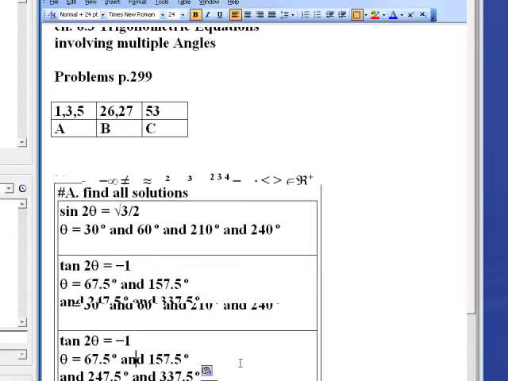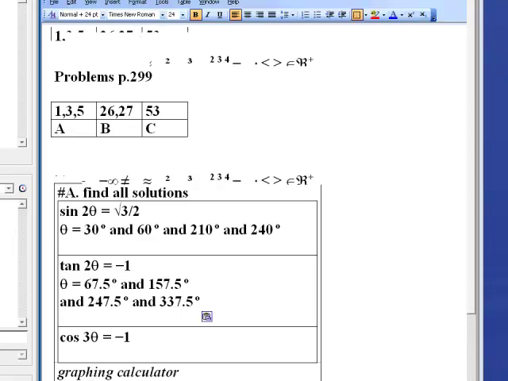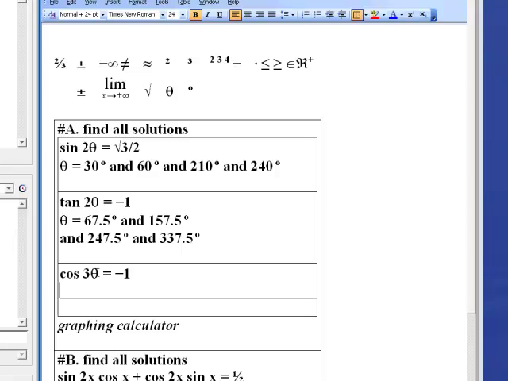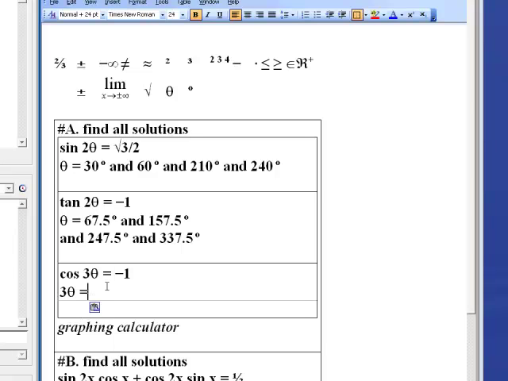Let's go to the third example here, third problem. So cosine 3 theta equals -1. Well, only one of them will work, which is 180 degrees. So keep that in mind. However, with the 3 theta here and the theta going all the way up to 360, we could go all the way to 1080 degrees.